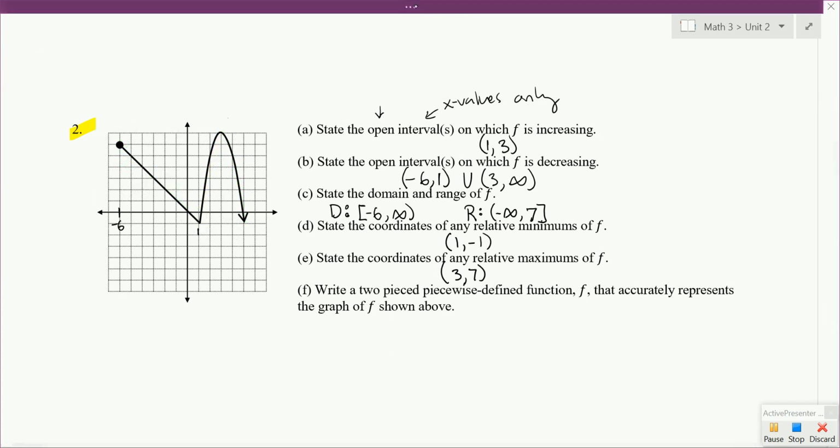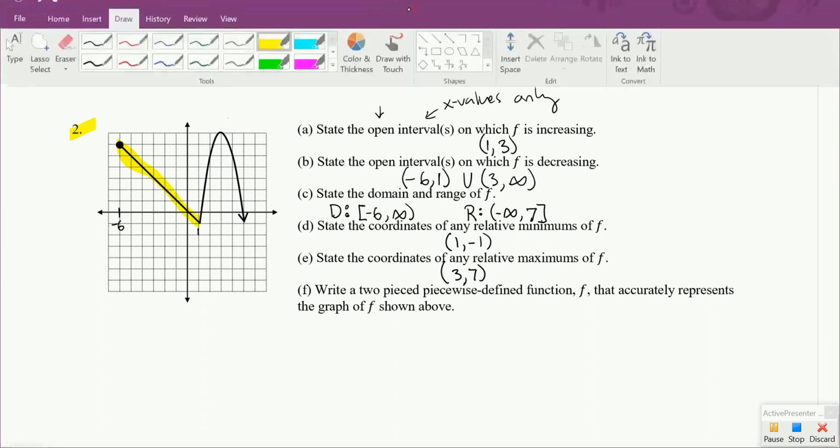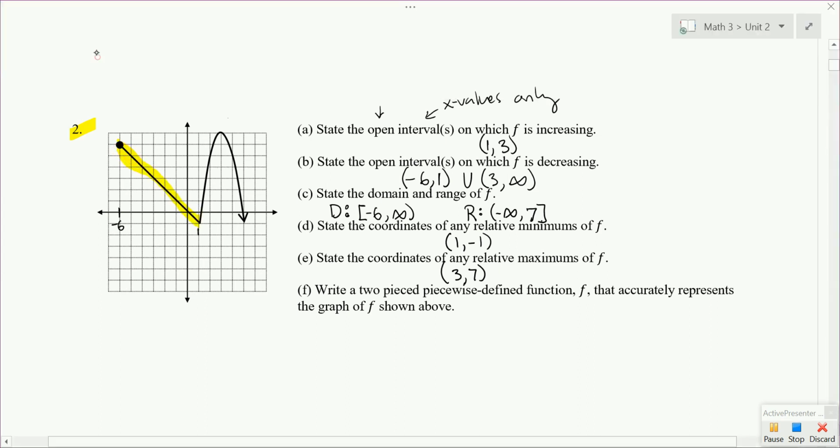So for our first piece, the line, notice it's going through 0, 0, and so it is a type of parent graph. So it's in the form y equals some number times x.